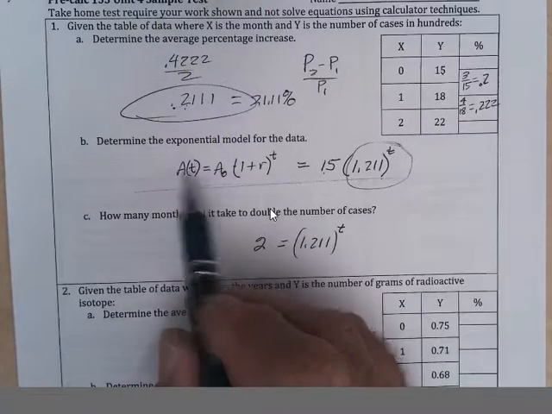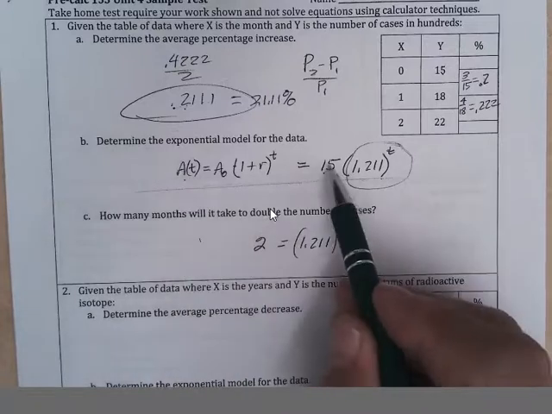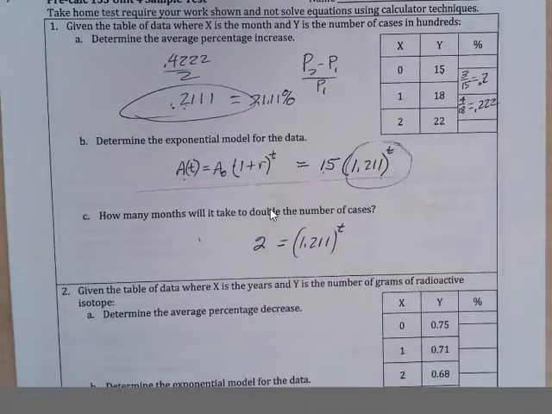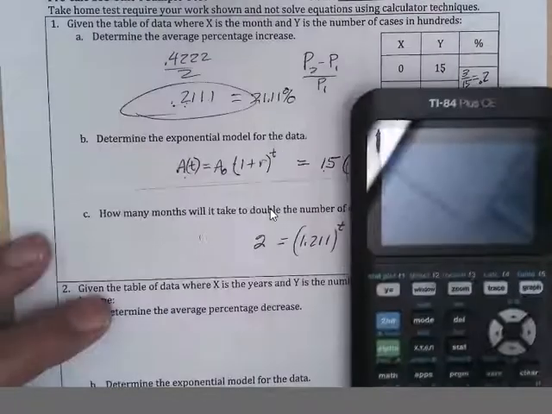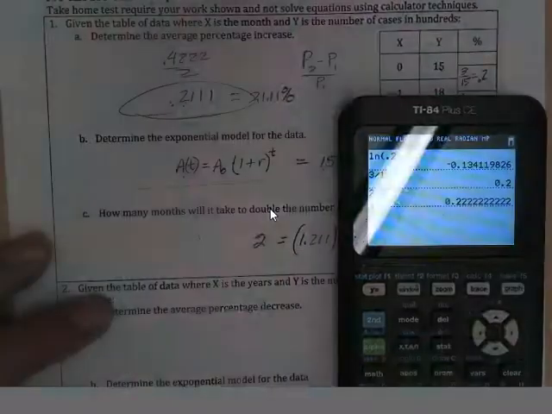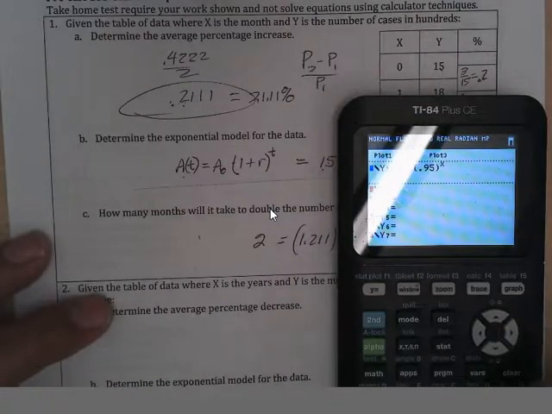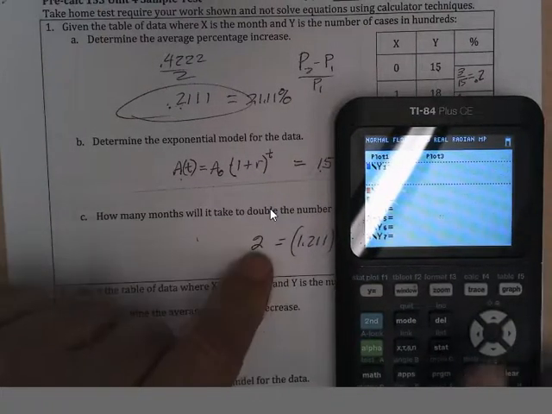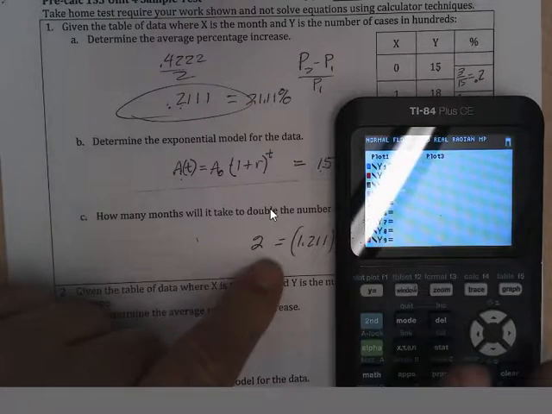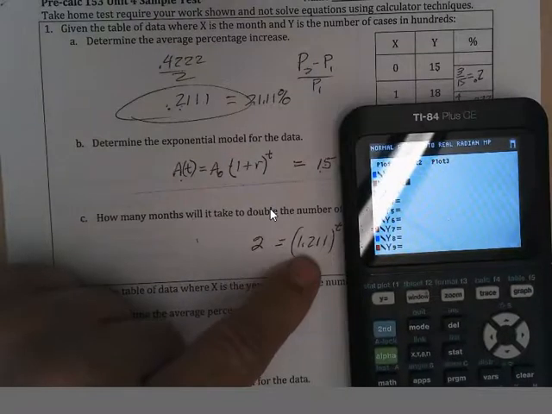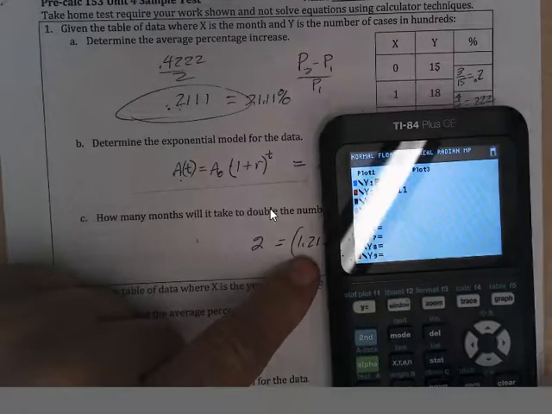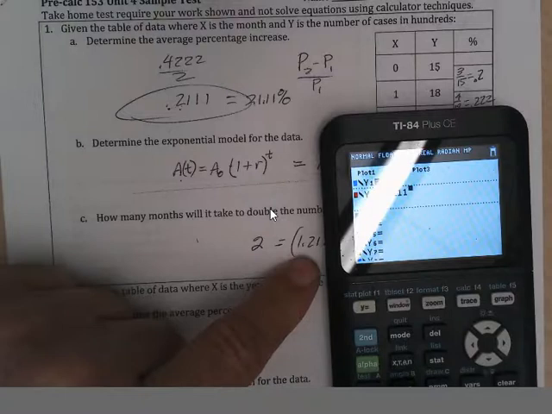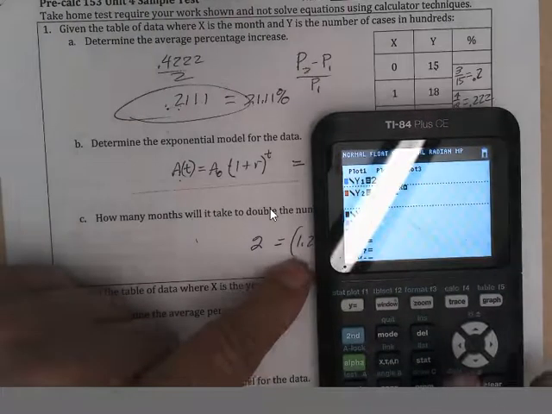Or you could say, when is 30 equal to 15 times this? And one way to do that is just to graph the two. Y equals, and clear, and put in 2, and then put in 1.211 to the x.